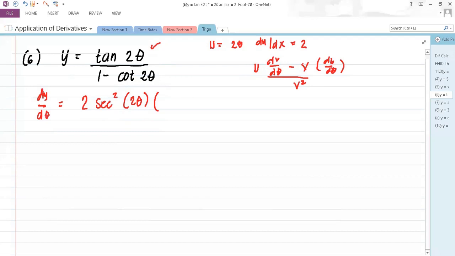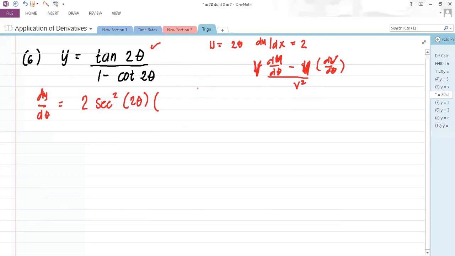Okay? So, baliktad dito. So, derivative of numerator times the denominator, minus the denominator, the numerator multiplied by the derivative of the denominator over denominator squared. Tama, ganyan.